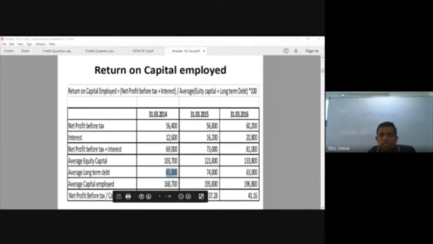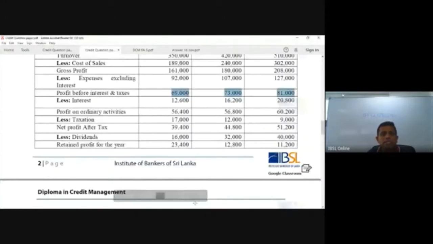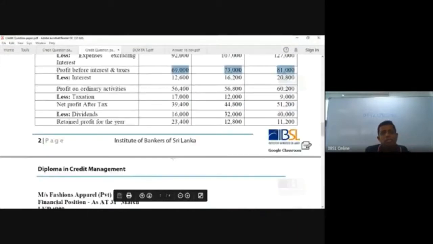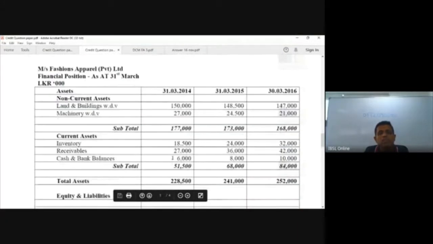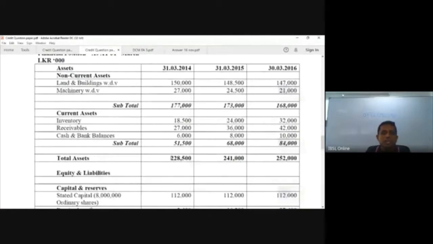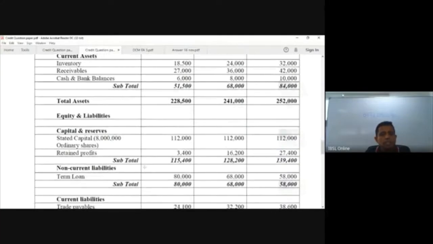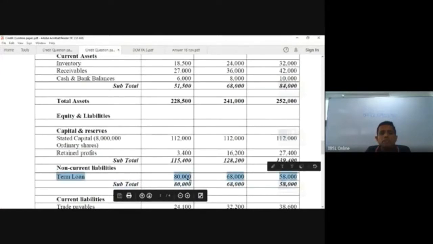You need two figures, 2013 beginning and 2014 end. The long-term debt for 2014 is 80,000.